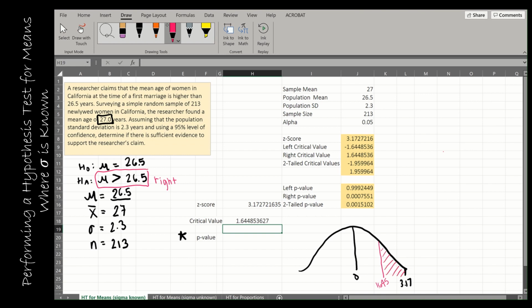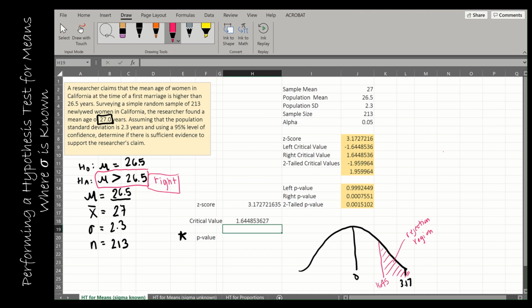That number tells me that because it's a right-tailed test, anything to the right of that number is in the rejection region. And the rejection region says that if your z-score is in that region, then you should reject the null hypothesis. So if I didn't need to use a p-value, I would be done with this question. I would say, based on this data, I can say with 95% confidence that there is sufficient evidence to support the researchers' claim that the mean age at first marriage for women in California is higher than 26.5 years.